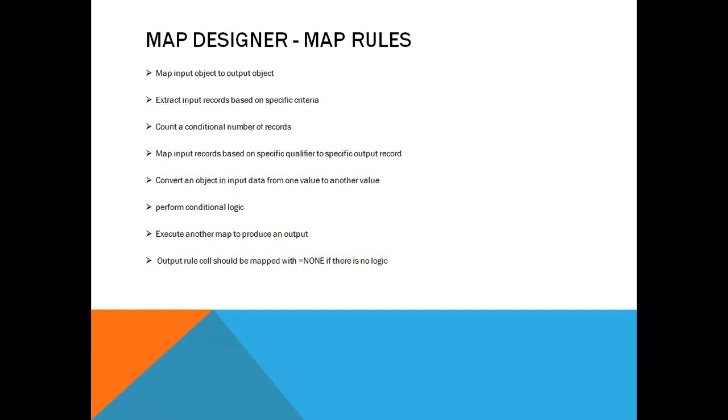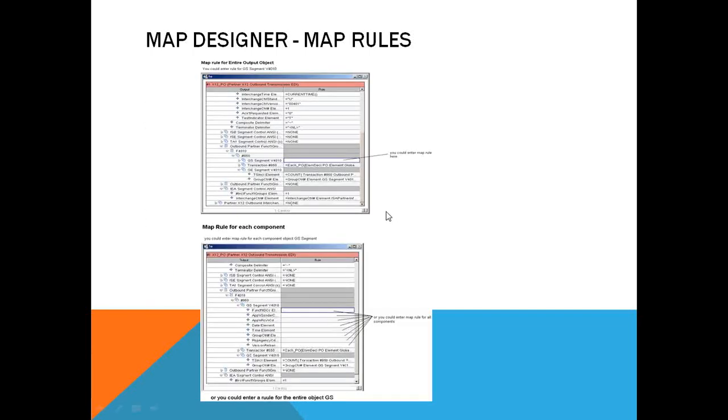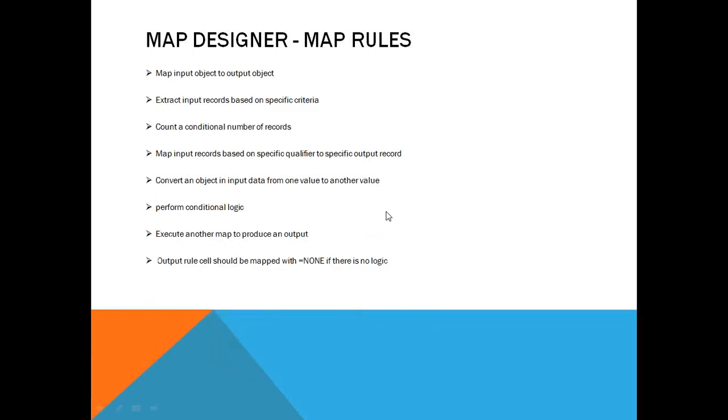We can do transformation from one object to another, like number to text, text to time, or perform conditional logic like if-else conditions, or we can execute. All these are the mapping functionalities available in the map. All these will be supported in the map, or we can execute one map from another map.